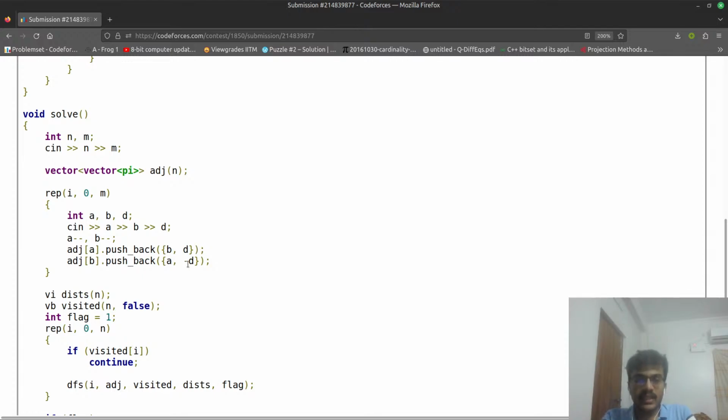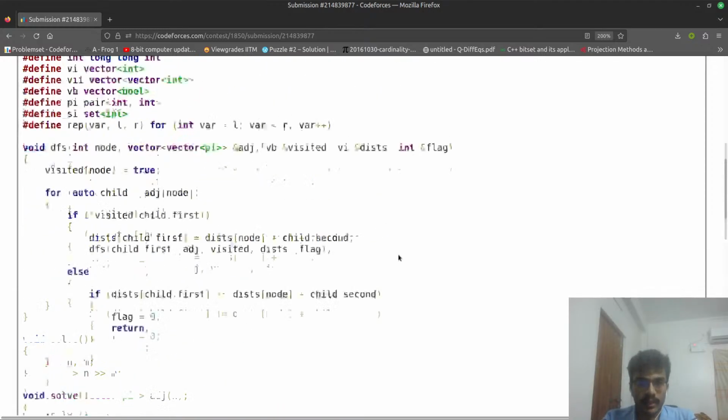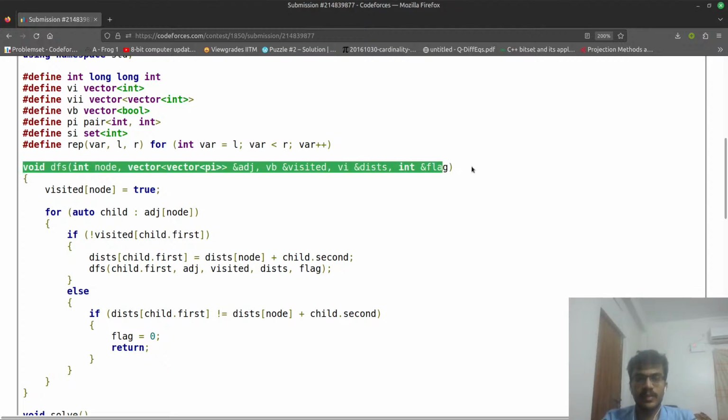Also, I have this minus d here because if we know a distance from A to B, we know the corresponding reverse distance also, so we're checking that too. Then I initialize all the distances here. Then I'm doing DFS for each connected component, and here I have the DFS.